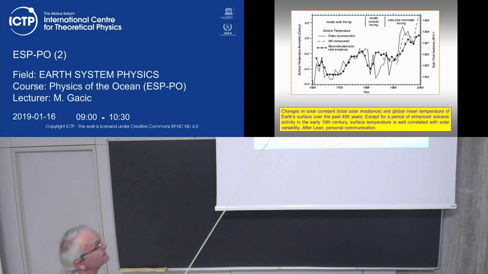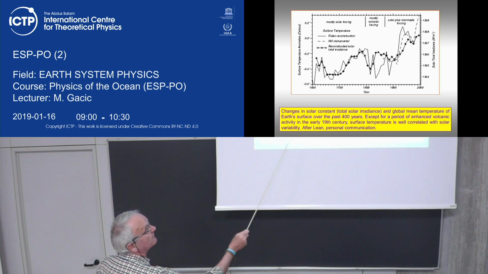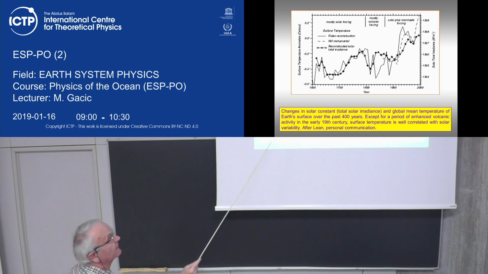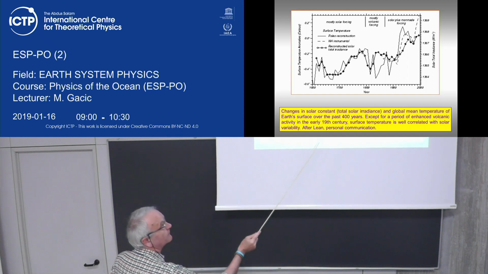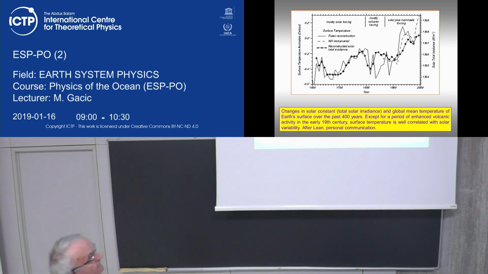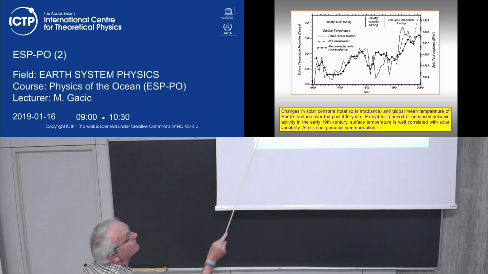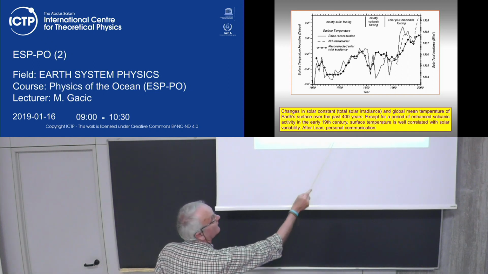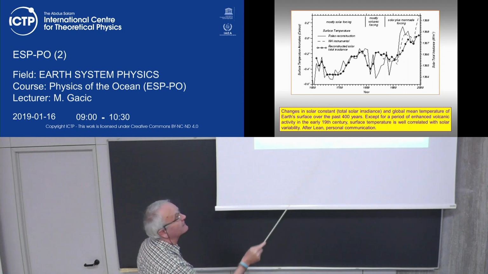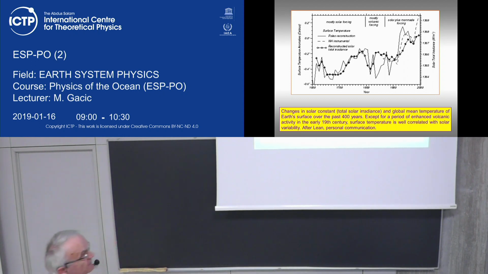And what you can see is this dotted curve is the solar activity, and they are very close to each other, except for some periods here and here. And I have to tell you also the dashed line here is the instrumental record, while the continuous line is always the paleo reconstruction.